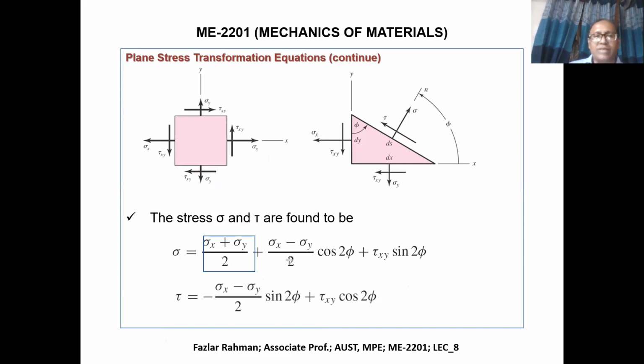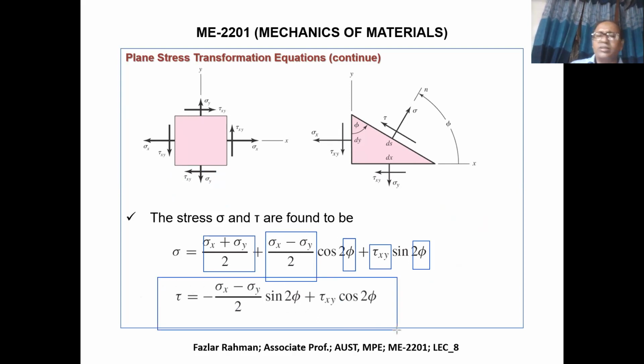You can see it from outside, and it is not changing. But phi, you cannot say it is fixed. It is a variable. Similarly, sine phi, but tau xy is constant. Then this equation we got for shear stress.